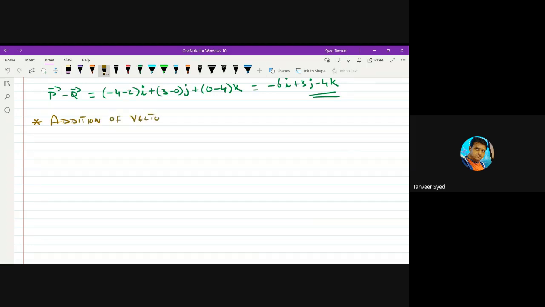Addition of vectors by graphical method. First is by triangle law.